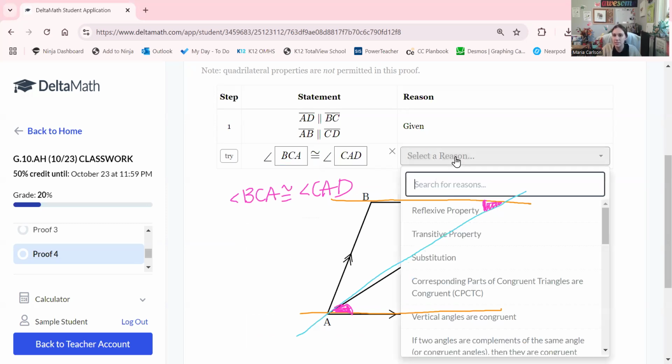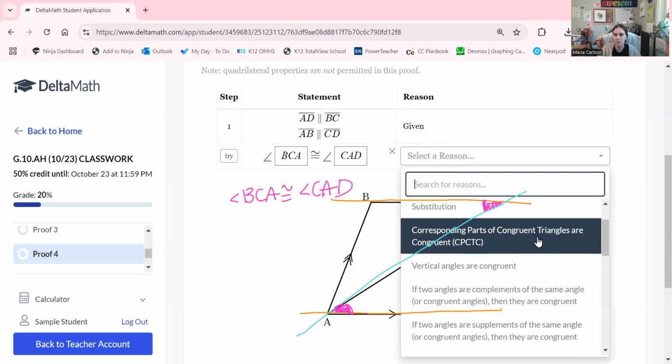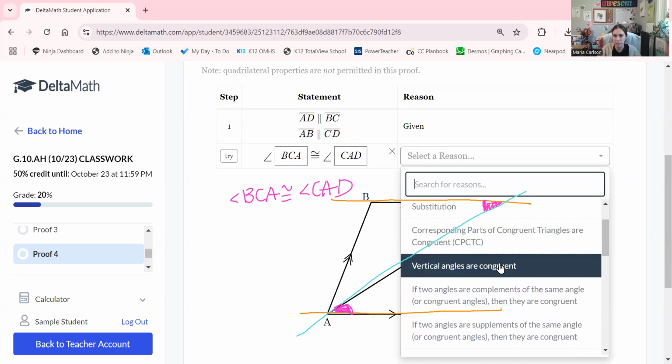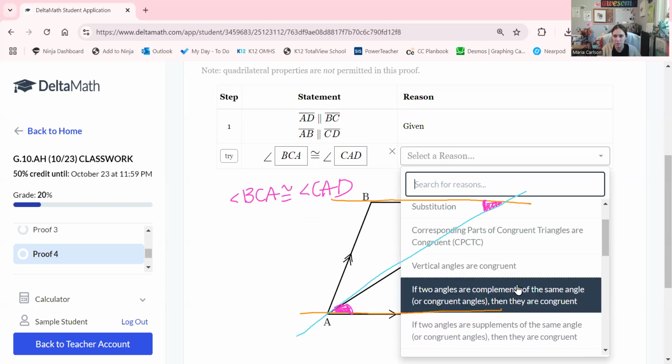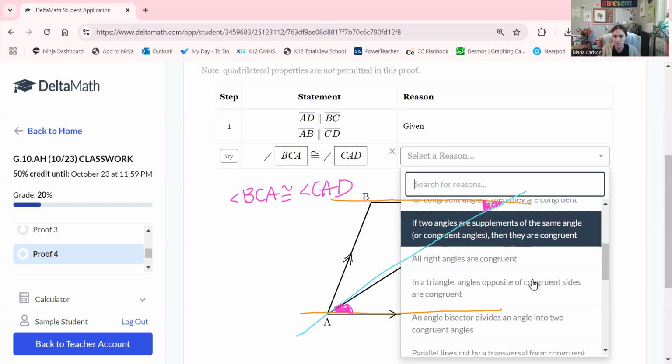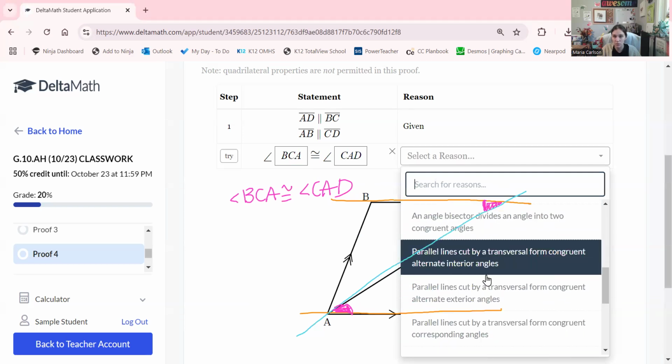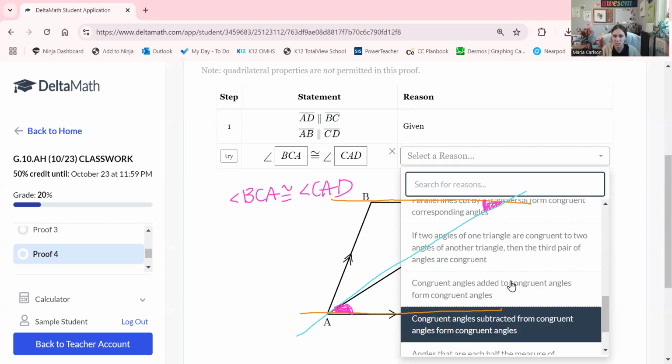For our reasoning, let's see: reflexive, transitive, substitution, corresponding parts, no, we're not there; vertical angles, complements, supplements, right angles. I'm looking for alternate interior angles or something like that. Oh, parallel lines. I wonder if I have to say that first. No, I don't think so.